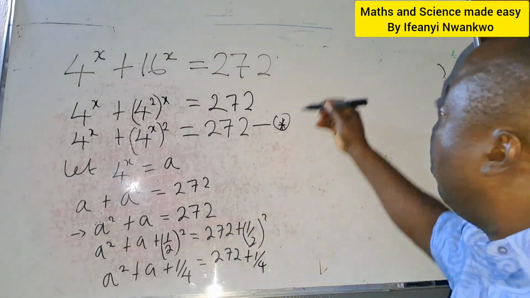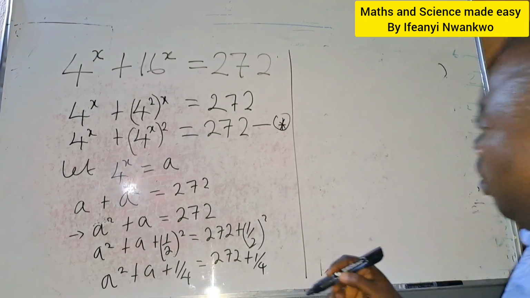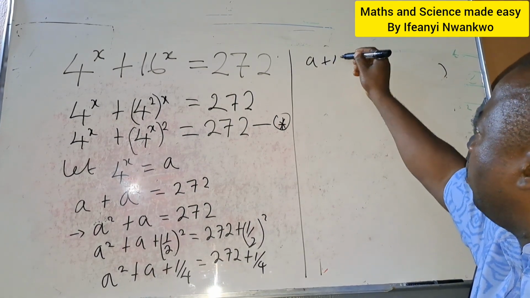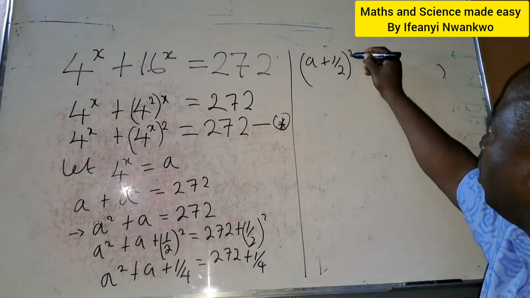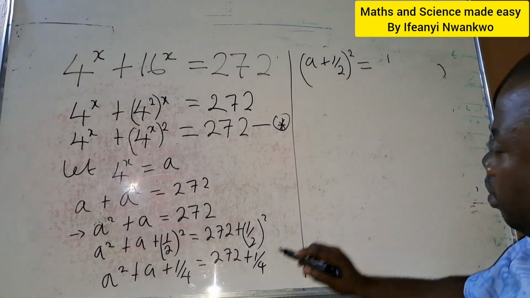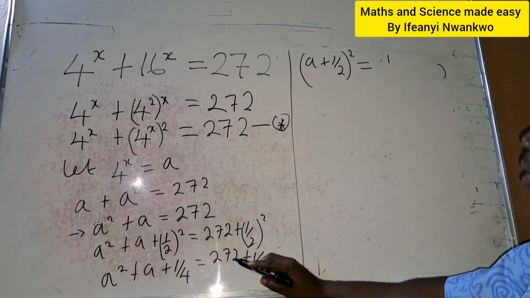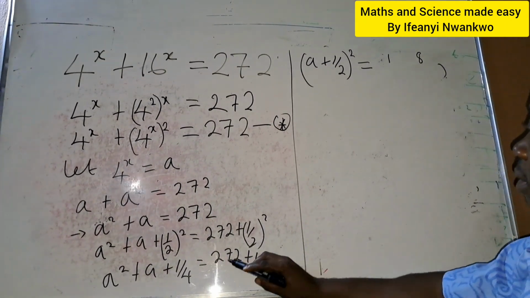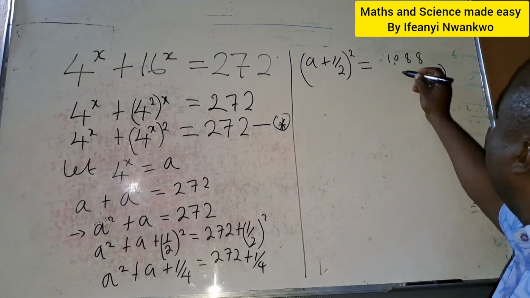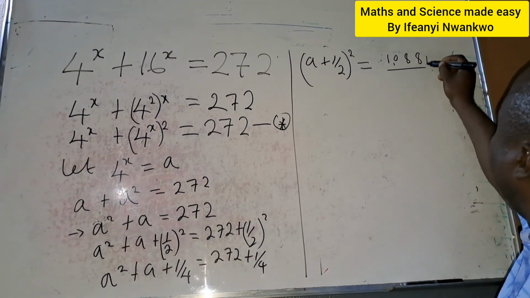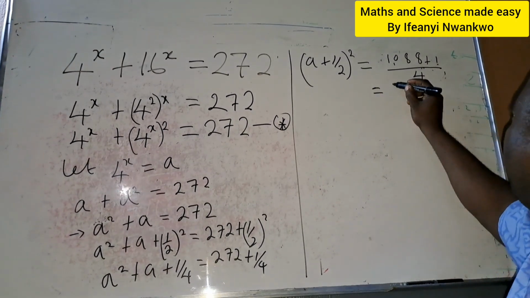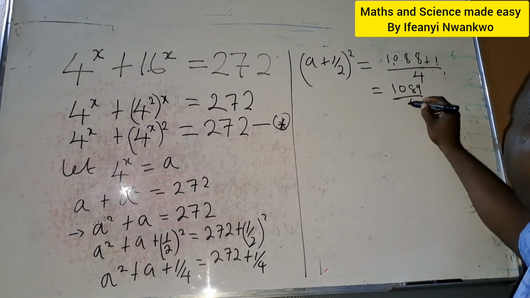So if you do little arithmetic, we factorize this, it gives us a plus 1 over 2 squared equals, 4 times 2 is 8, 4 times 7 is 28, carry 2, 4 times 2 is 8 plus 2 is 10, all over 4, plus 1, that will give us 1089 all over 4.